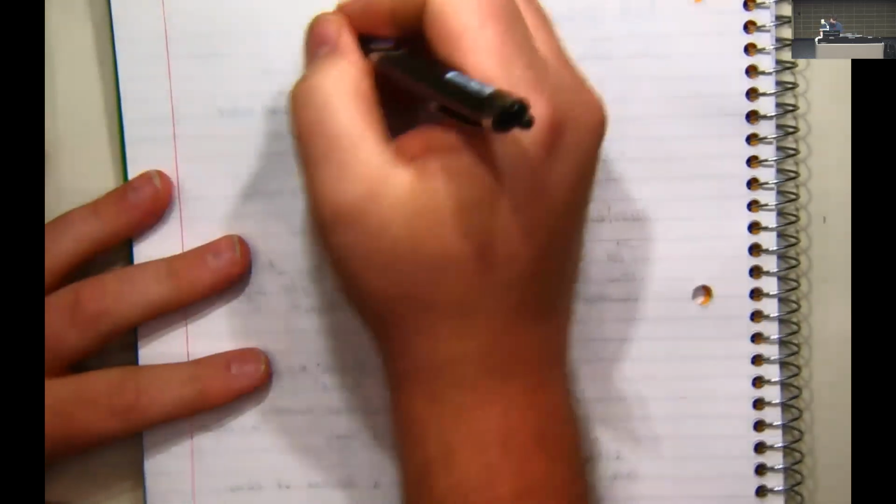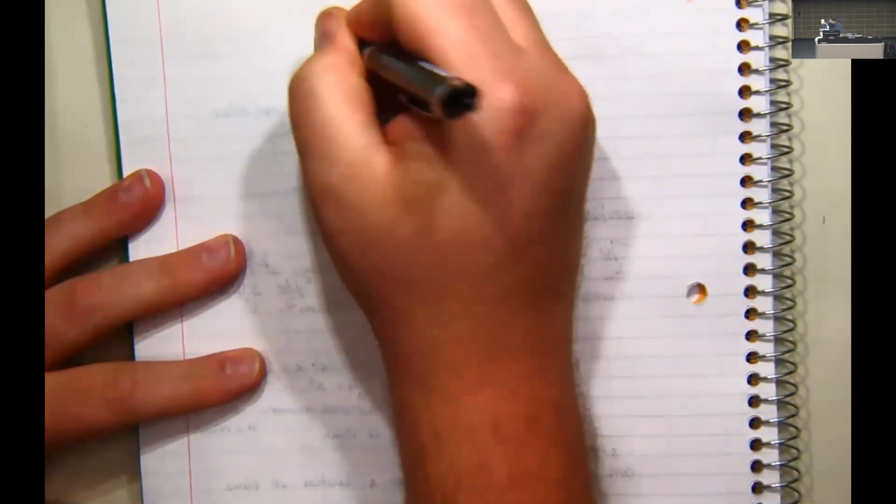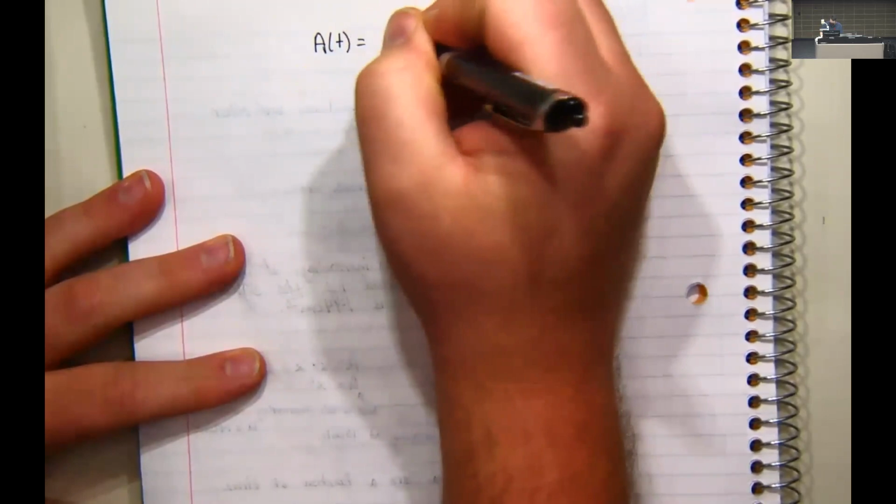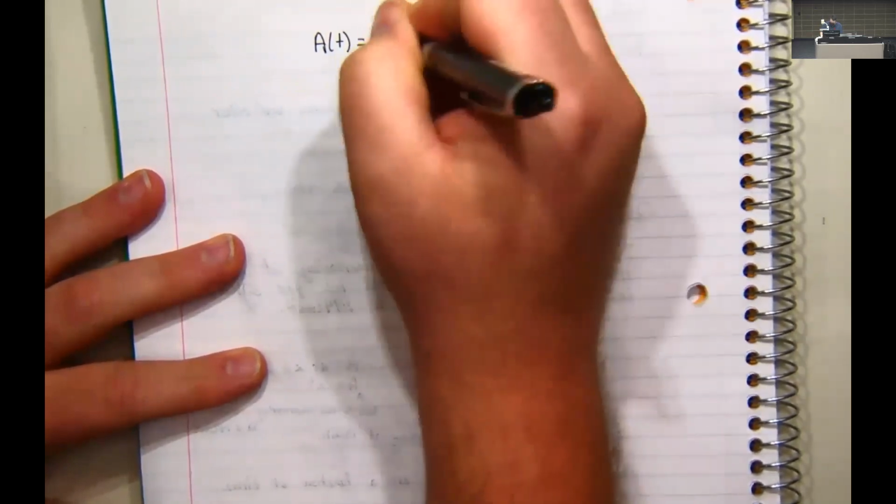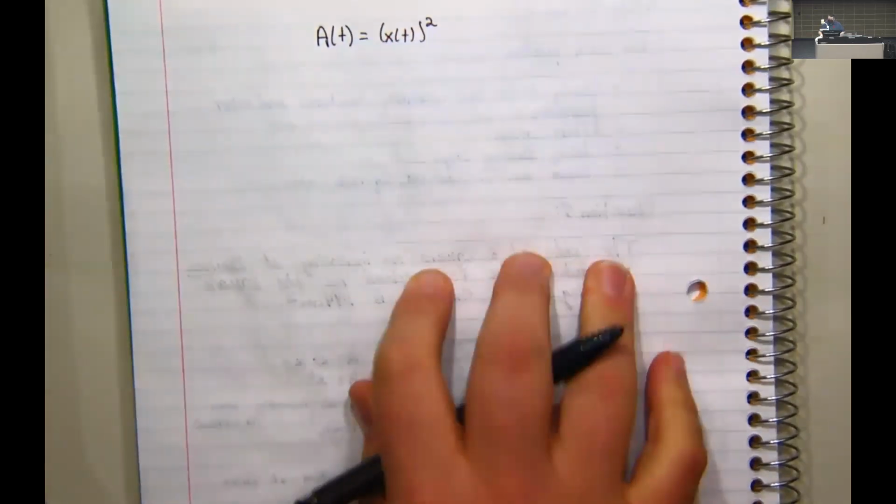So the main relation that we have is A at t is equal to x at t squared.